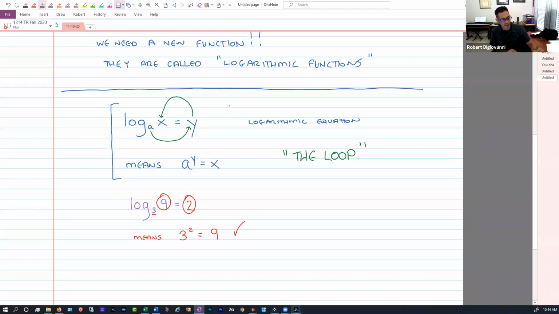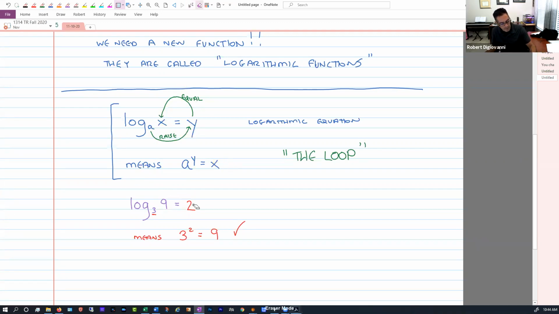The loop says that when I take a and I raise it to this power, it should equal whatever's there. So this means that when I take that a and I raise it to the y, a raised to the y, I should get equal to whatever's there, x.